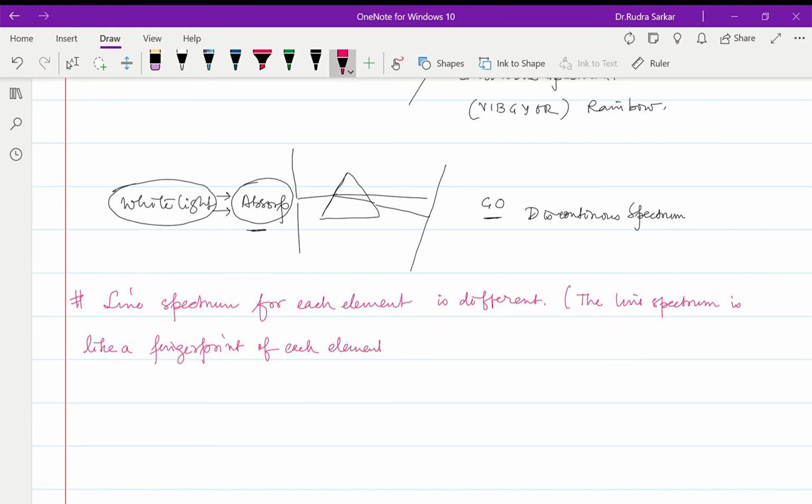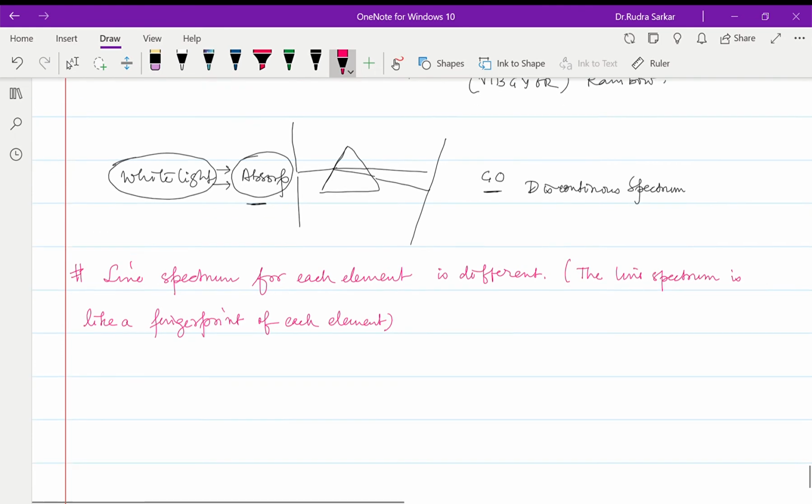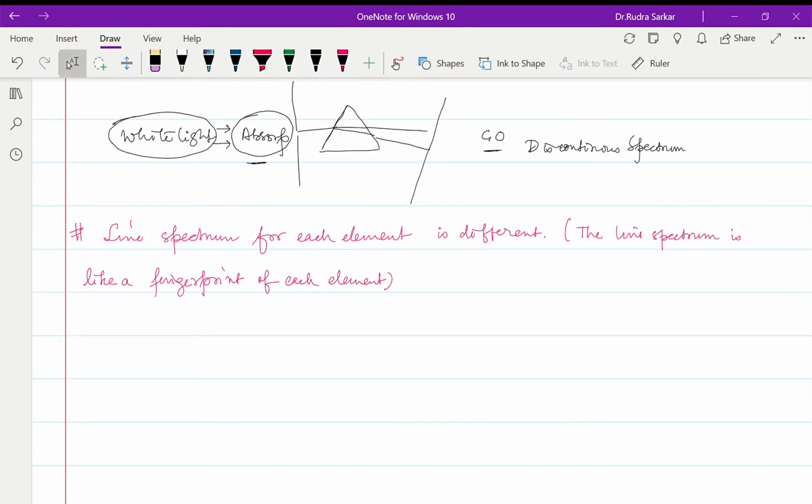So this is how powerful your atomic spectrum is. Few more facts.